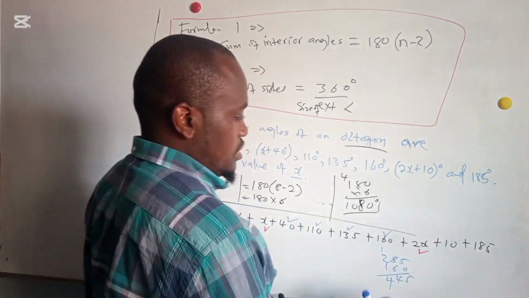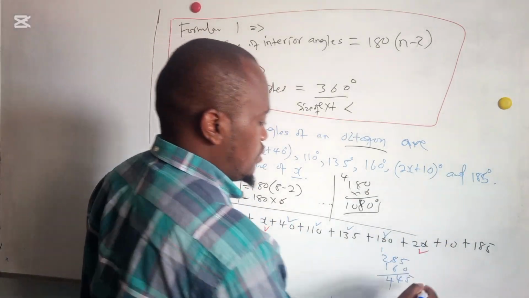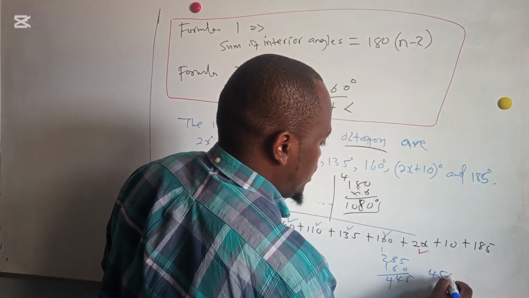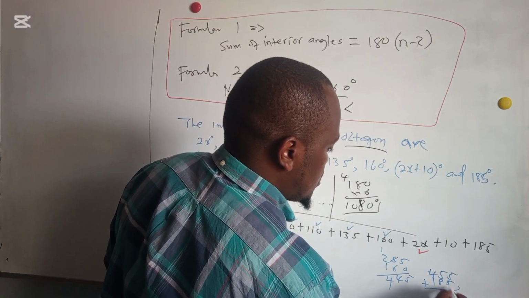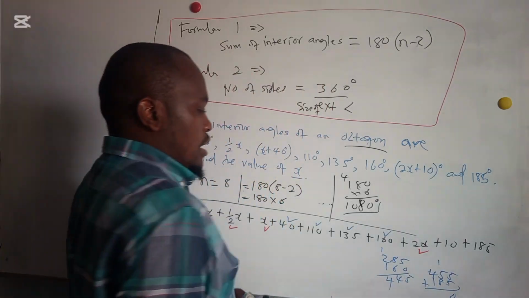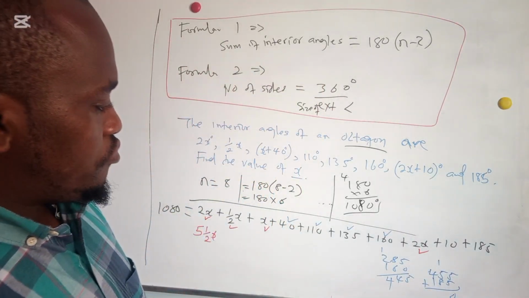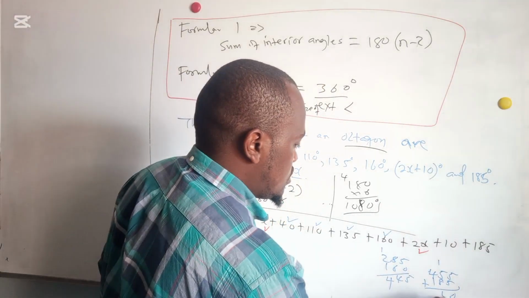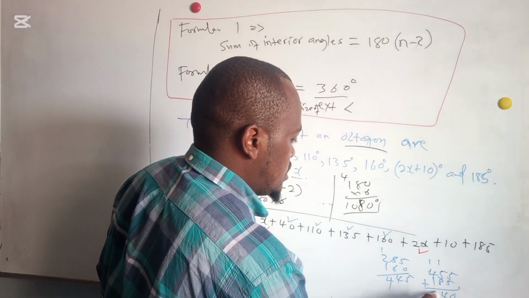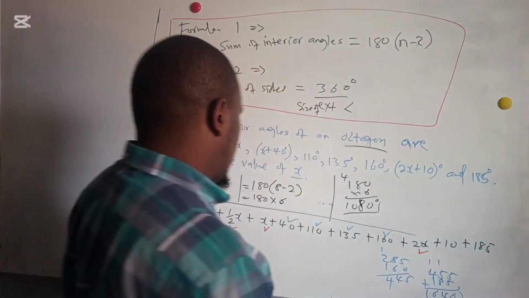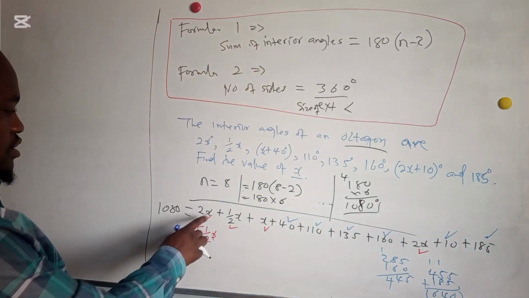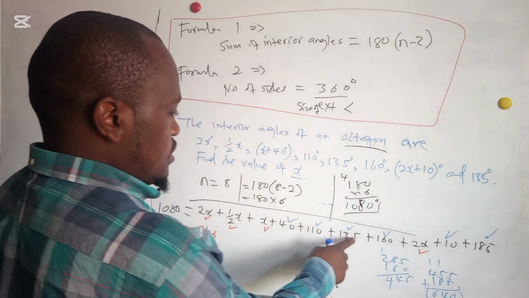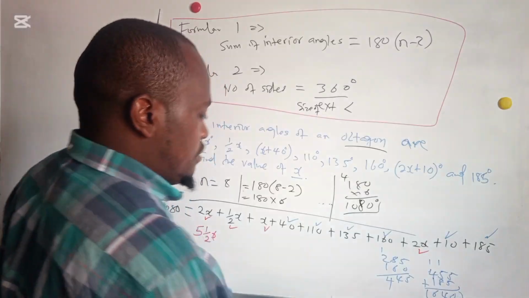Add this, it will be 454, 55 plus 185. Add, this is 640. I hope I have ticked everything. 1, 2, 3, 4. So I have ticked everything.